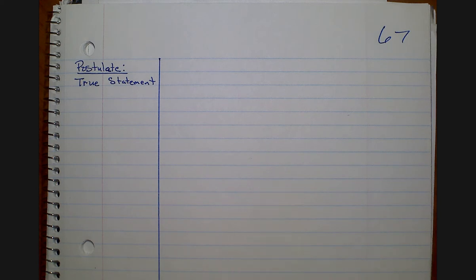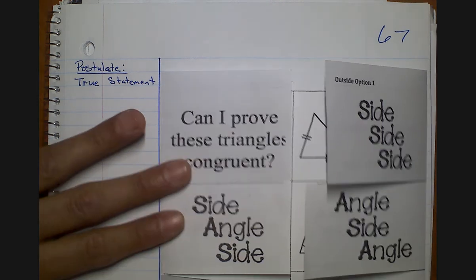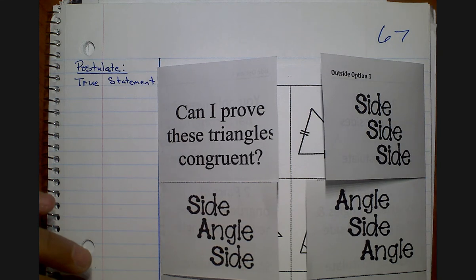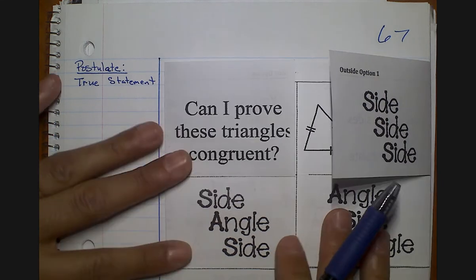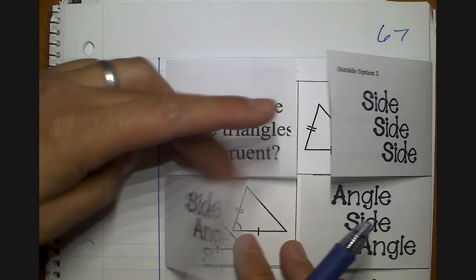So yeah. Next on the bottom, what does it say? True statement. All right. So we're going to talk about a couple of these things. The first thing I'm going to talk about is side, side, side. So it's the side, side, side postulate.